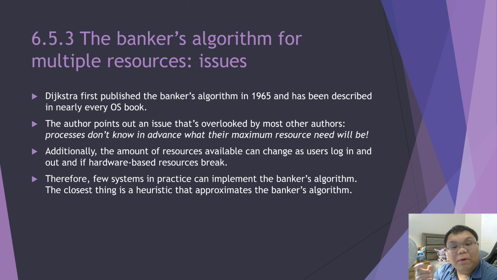If a printer breaks down in the middle of processes running, then suddenly you just lost one resource that could lead to deadlock, potentially. Or maybe not, because someone might have an extra printer available and just plug it in while the system's running.